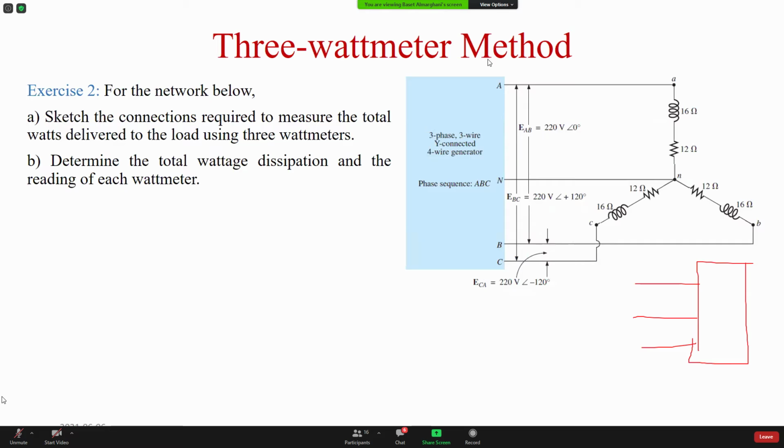Here's an exercise, and we'll show you. It says, for this network, we're going to use the 3 wattmeter technique. It means 1 wattmeter per phase. Sketch the connection required to measure the total power to the load using 3 wattmeters. When I do this, I'm going to redraw the thing.